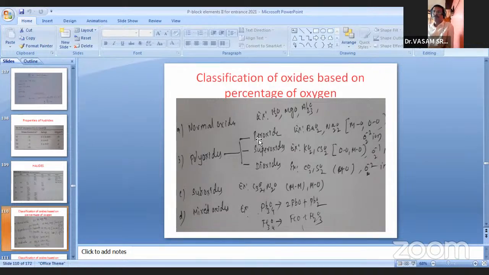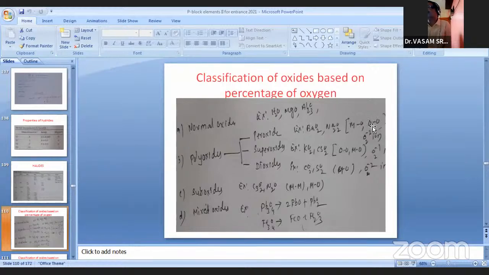Yes, O2F2, H2O2, they're all peroxides. So the examples are, you see, BaO2, Na2O2, H2O2. BaO2 means barium peroxide, sodium peroxide, like this. All peroxides structurally have 2 types of bond. One is M-O bond, and second one is O-O bond.